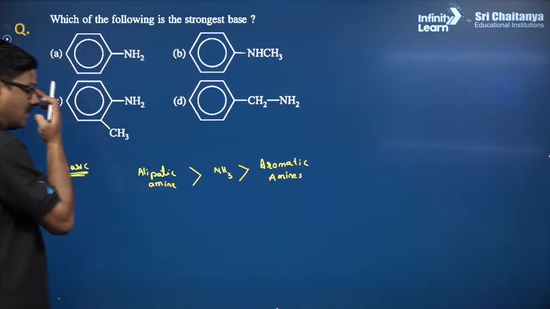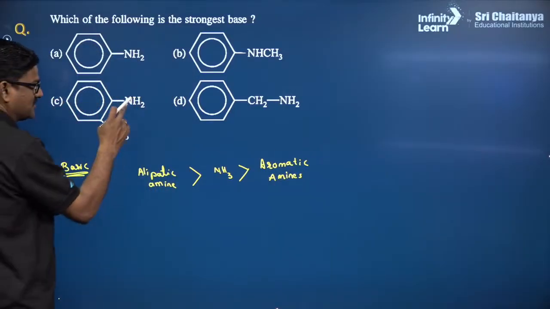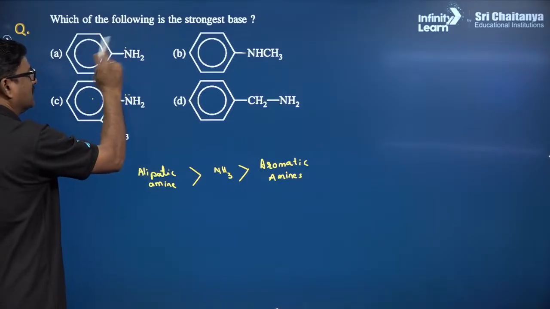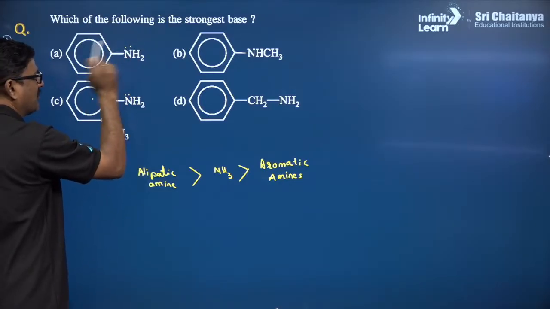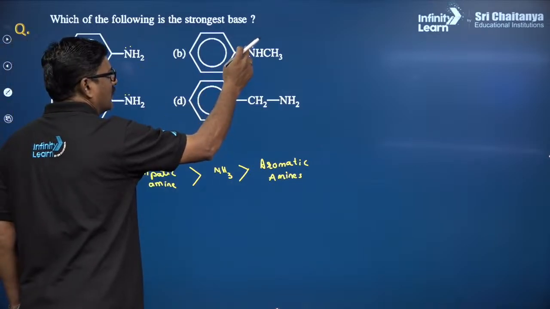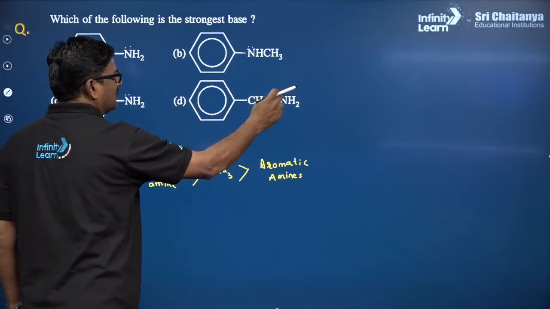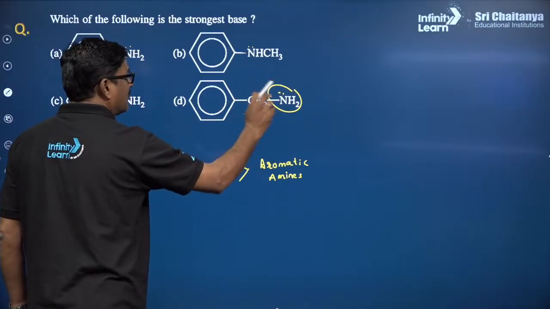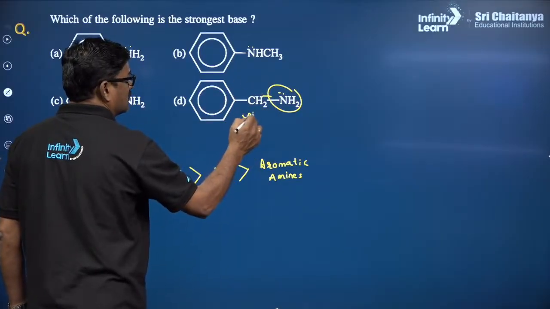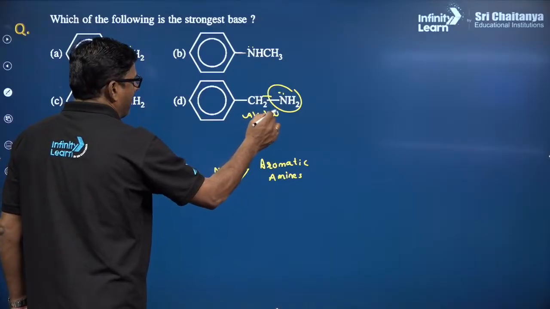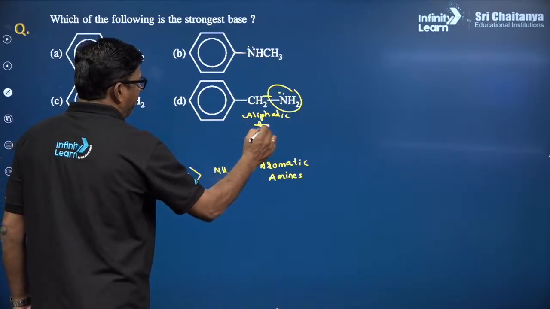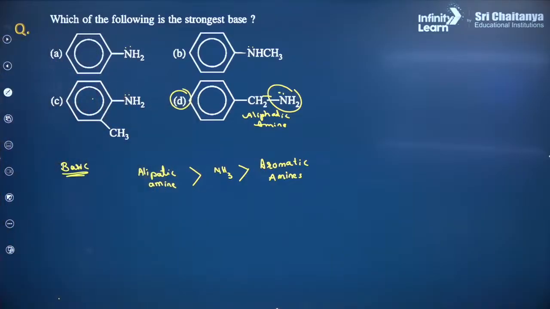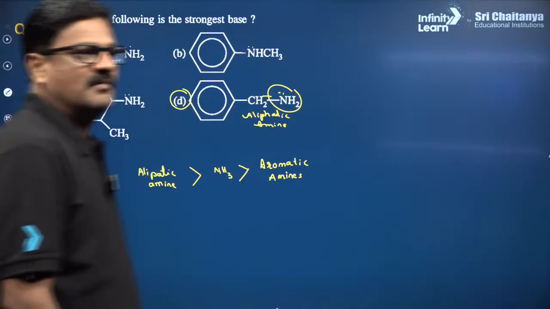Aromatic amines are less basic. This is aromatic because this is conjugated with benzene. This is also conjugated with benzene, aromatic amine. Here this is an aliphatic amine because the benzene ring is not directly attached. So this is the aliphatic amine.